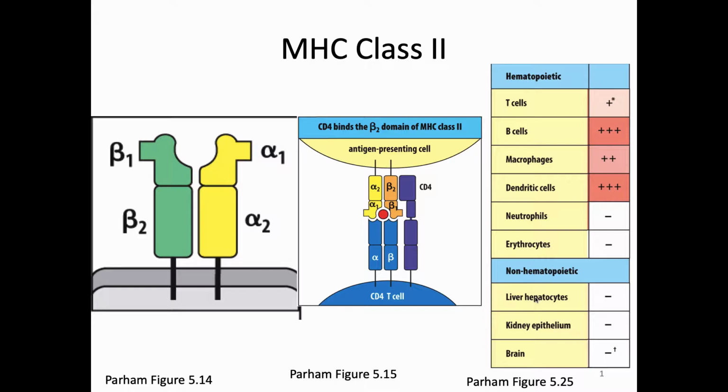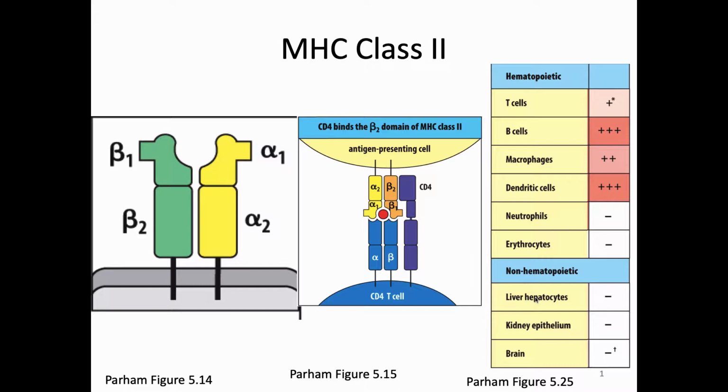Recall that MHC Class II has 2 chains, the alpha chain and the beta chain, that come together to make the peptide binding cleft. One of the things to be aware of, I told you that you aren't able to get proper folding of class 1 unless you have the heavy chain, peptide, and beta-2-M.